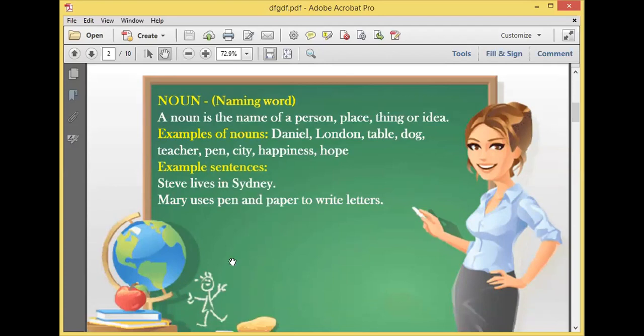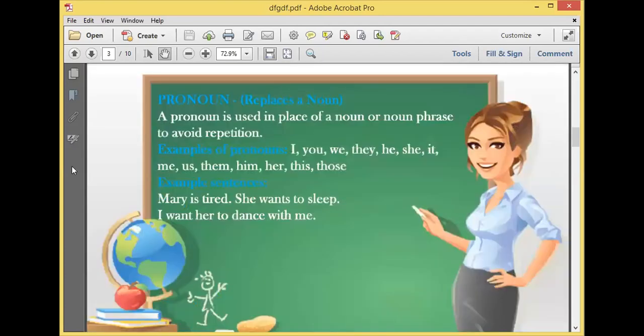Okay, so let's move to another one, which is a pronoun. What is a pronoun? A pronoun is a word used in place of a noun. A pronoun is usually substituted for a specific noun, which is called its antecedent. In many sentences, for example, the pronoun she is the girl.